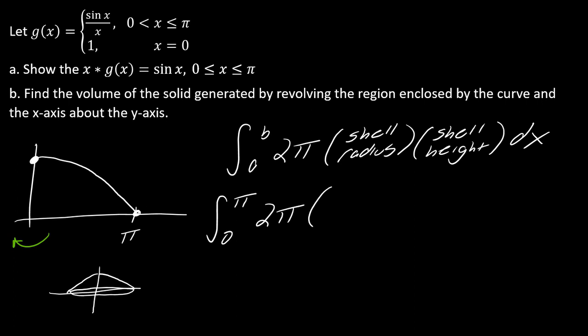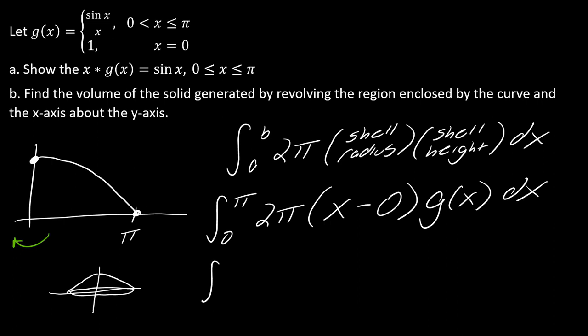Okay, so to get my shell radius, I always just take x minus the line that we're revolving around, which is just y equals 0. So I'll just take x minus 0. And then the shell height is just going to be dictated by our function g of x. So look at what I'm actually left with now, and now this actually makes sense as to why we had part A.